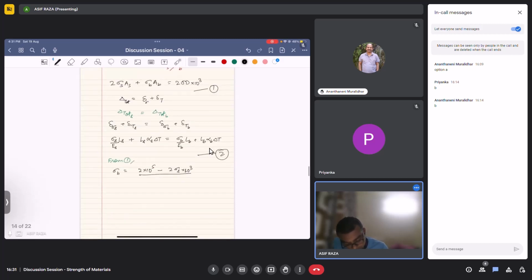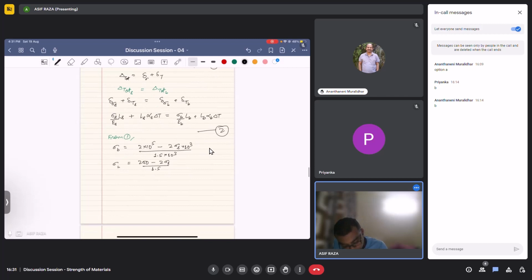Ab is 1500, so 1.5 into 10 to the power 3. That would be equal to 200 minus 2 sigma s upon 1.5. Okay, let this be one equation.